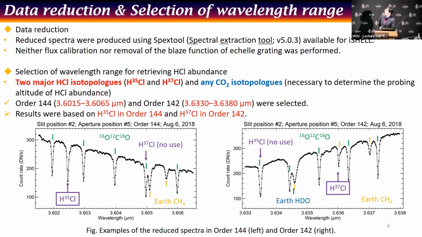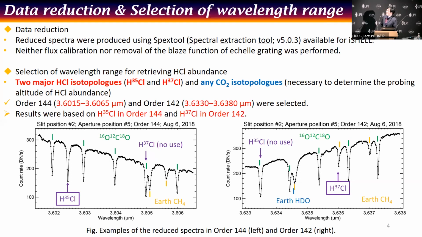At this stage, neither flux calibration nor removal of the blaze function of the grating was performed. Actually, absolute flux calibration is not necessary for our purpose because measuring HCl abundance is possible from relative intensities of the line depths with respect to the nearby continuum. And the blaze function of the grating was considered in the model explained in the next slide.